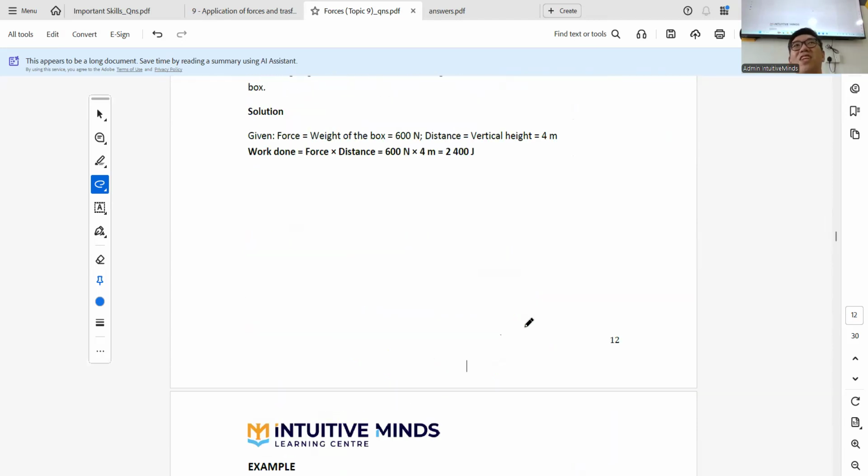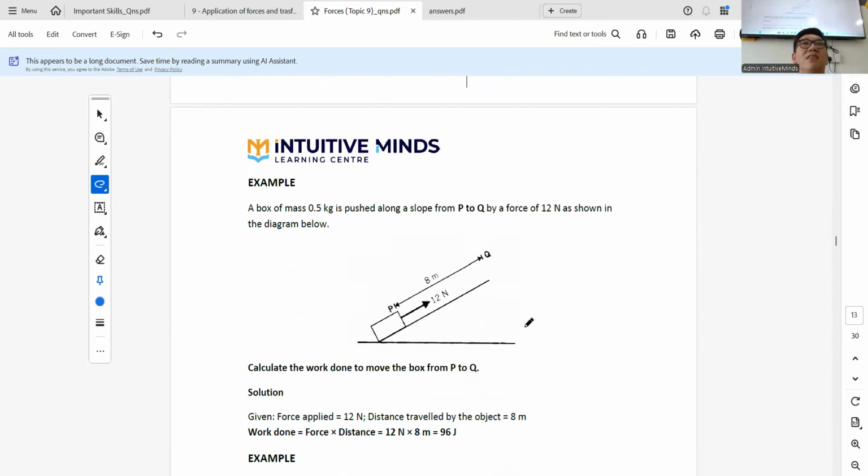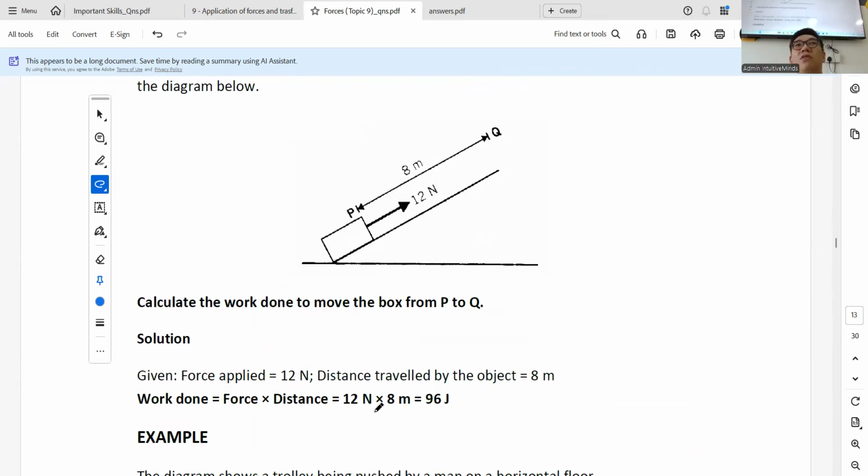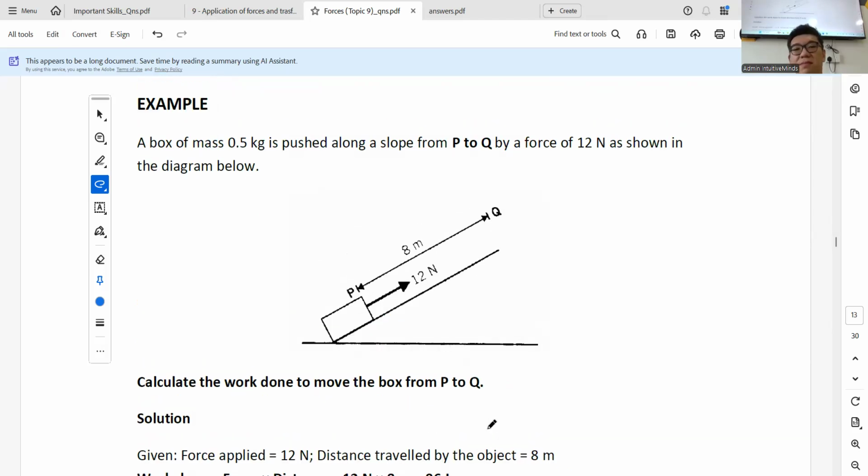Work done can be a tricky thing. Okay, so let's talk about this. Now, if you're pushing a force that is upwards, naturally you will want to find the distance moved in the same direction as the force. If the distance is in the same direction, then the answer will be 8 times 12, which is 96. Okay? But sometimes they can make it funny by giving you this.